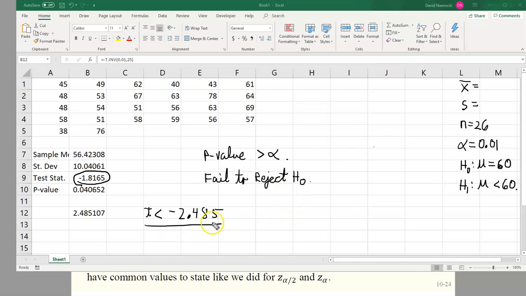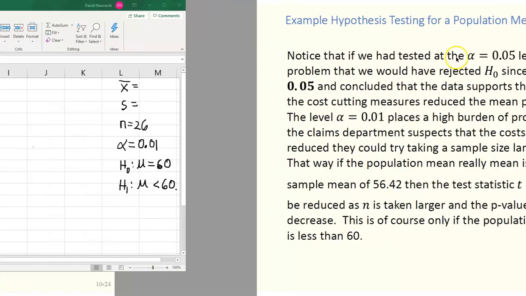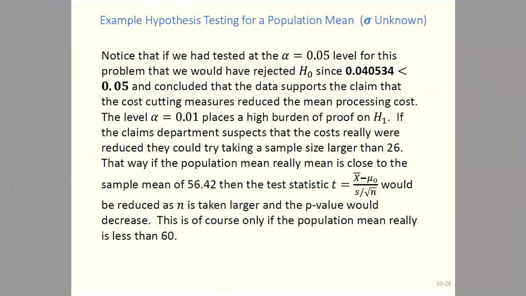So you could have done it that way, but most people find the p-value method easier since you can use Excel or a calculator to easily evaluate the p-value. Now let's notice another thing here for this problem. If we had tested at the 0.05 level, then we would have rejected H0, since our p-value 0.04 is less than 0.05.